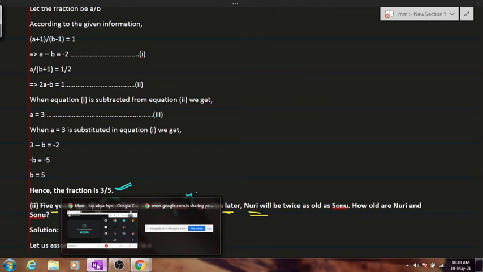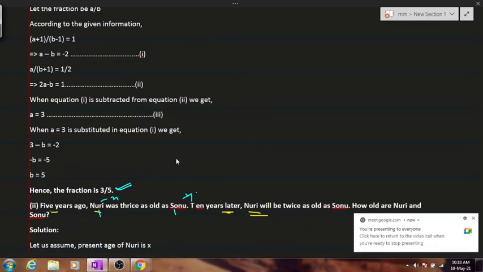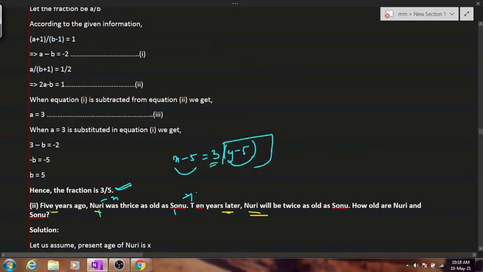What will the equation look like? x minus 5 is equal to thrice of y minus 5. This is how the equation looks like. Noori's age will become x minus 5, 5 years ago, right? And Sonu's age will be y minus 5. So Noori's age is thrice Sonu's age. Clear? Yes or no? This is our first equation after solving it.